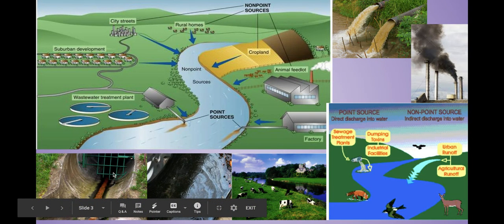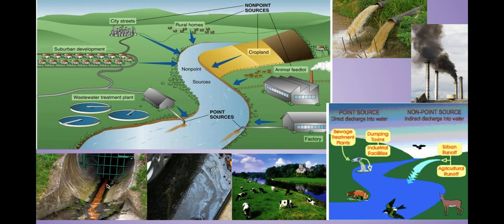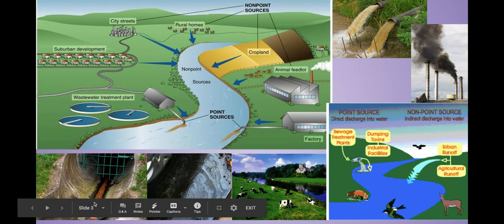We don't know specifically where in the urban area it's coming from. It's probably a combination of different places. Same for this one, if we don't have a specific point, it would be non-point. Same for this one as well, because we could have different areas affecting that location.